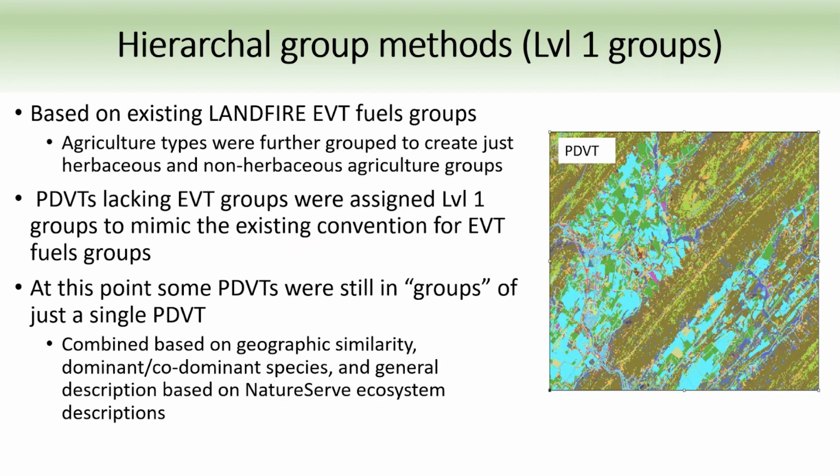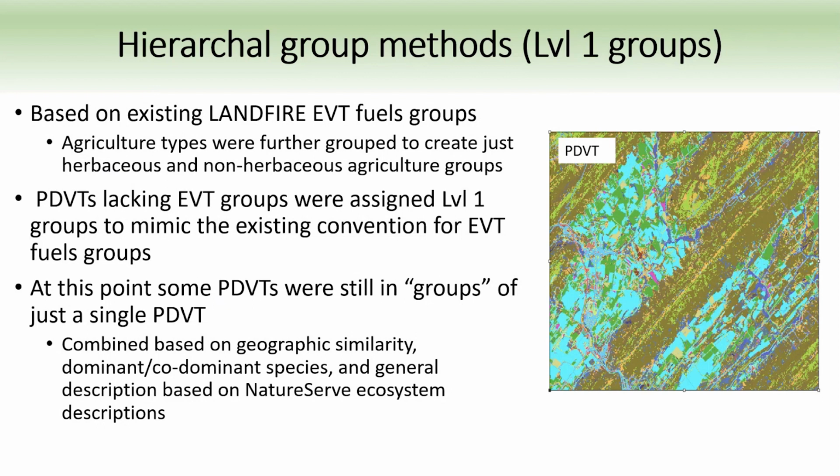I based those mostly on existing LANDFIRE existing vegetation fuels groups. And where possible, I kept them in those groups because those are already set and validated. I did go in and preemptively group a lot of the agricultural types.